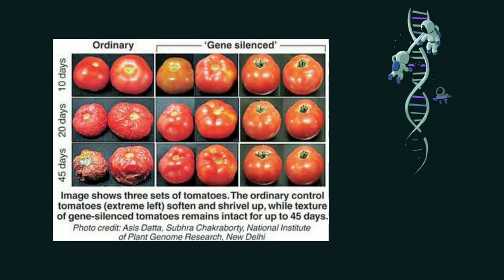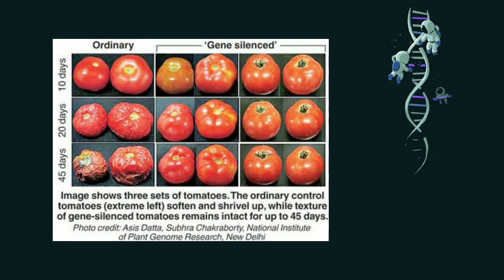In the picture, we can see ordinary tomatoes with the Flavr Savr ones. On the left hand corner we have ordinary tomatoes, and on the right hand corner we have two rows of Flavr Savr tomato. After 10 days post harvest, all tomatoes look equally healthy, and after 20 days the ordinary tomatoes look a bit soft, their skin begins to shrink, whereas no change was observed in the Flavr Savr ones.